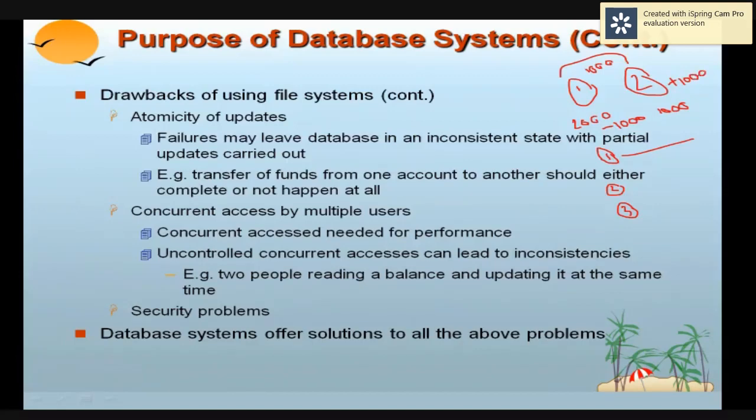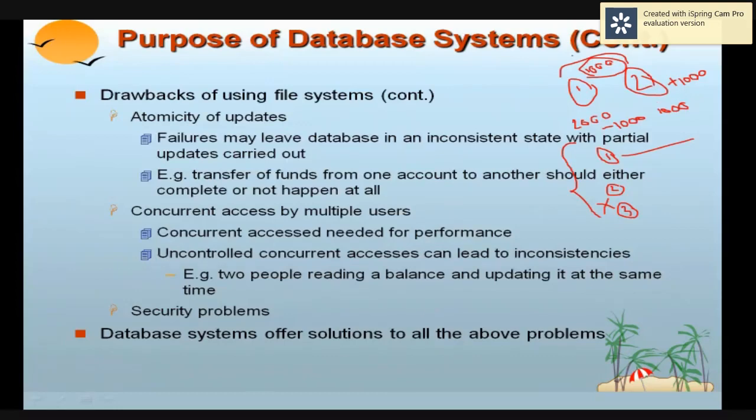And if I face an issue among these three steps during the transaction, you assume the third step has failed. Third step, in the sense adding 1000 rupees into my second account, is my third step. And if that step fails, it happens that this 1000 rupees has already been deducted in account number 1 and has not been credited in account number 2 because the third step has failed.